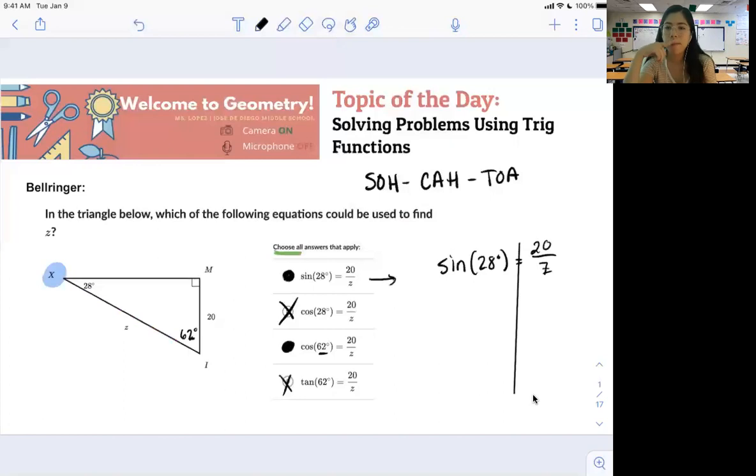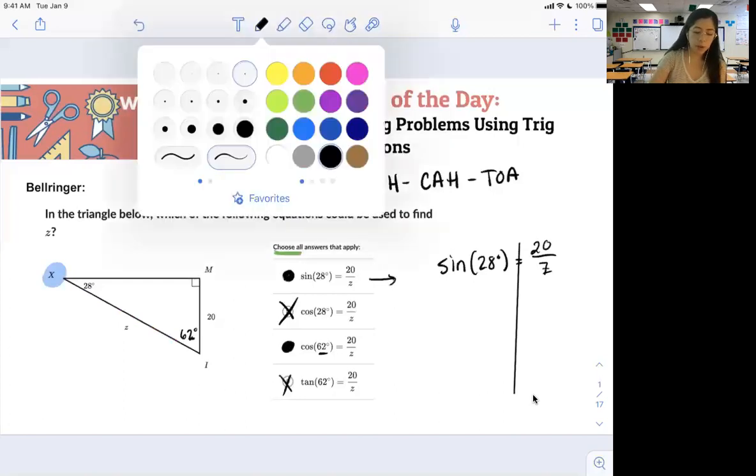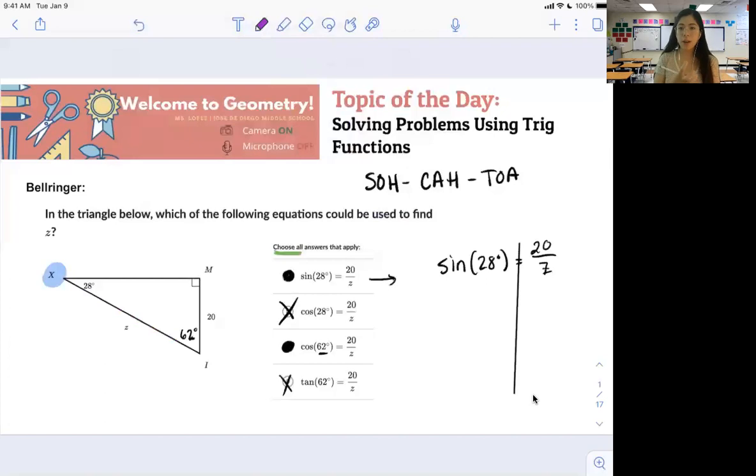Okay, divide by what? So z is in the denominator right now, right? We've got to get it out of there, because when you're in the denominator, you need to try your best to get it out. So the only way to get something out of the denominator, like Perla said, is to multiply it out.